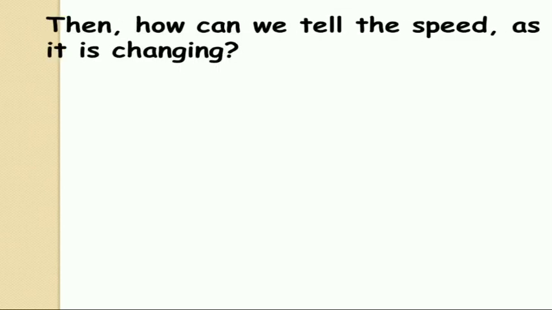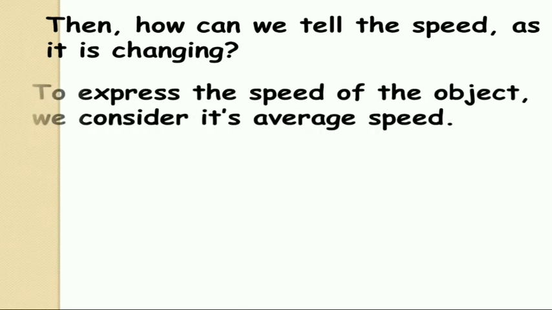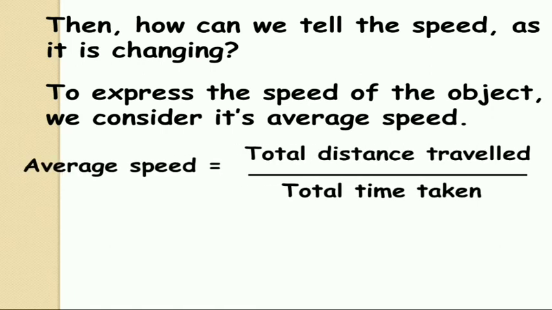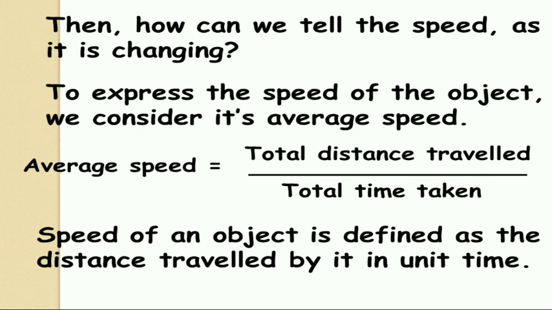So then how can we tell the speed as it is changing? To express the speed of an object, we consider its average speed. Average speed is equal to the total distance traveled divided by the total time taken. Speed of an object is defined as the distance traveled by it in unit time.